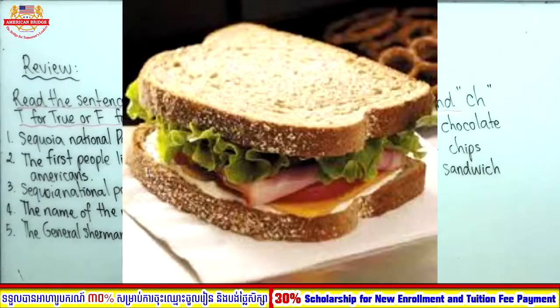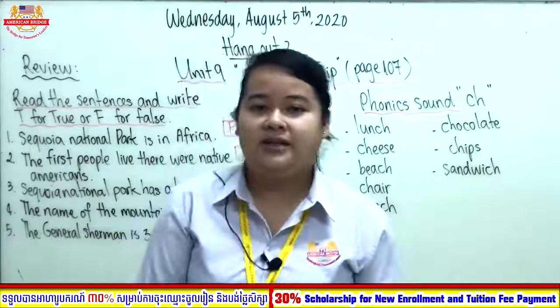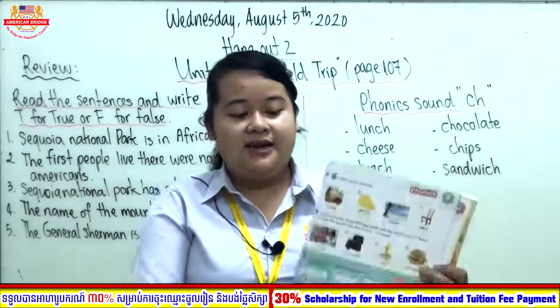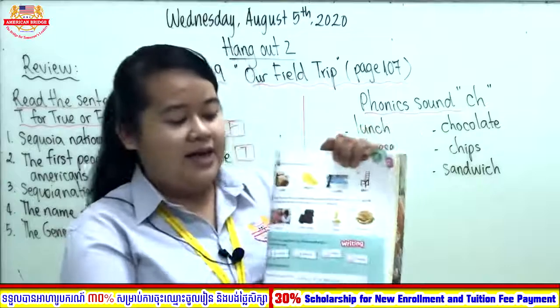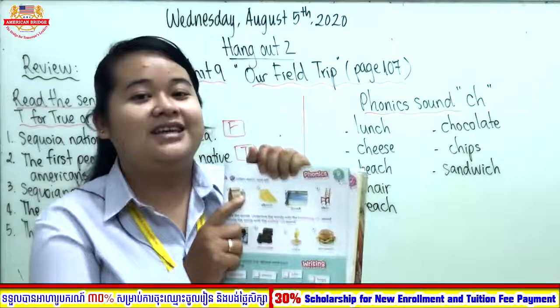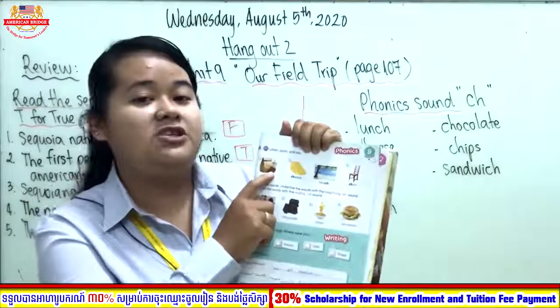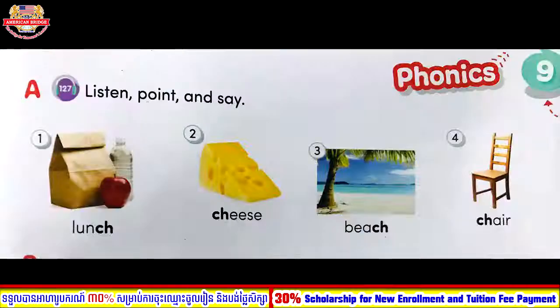Now let's open your book on page 107 together with teacher. Here is our page 107, where we will focus on our sound today, ch. Let's listen with teacher. A. Listen, point, and say.